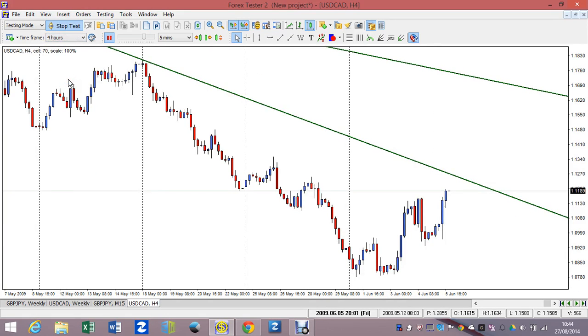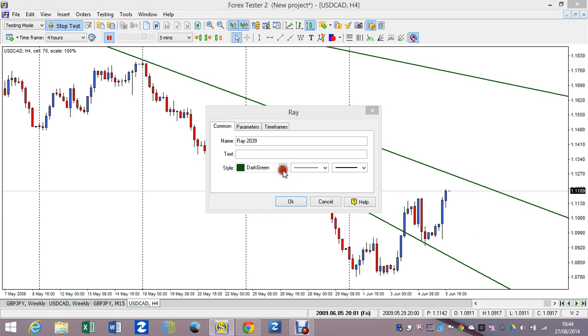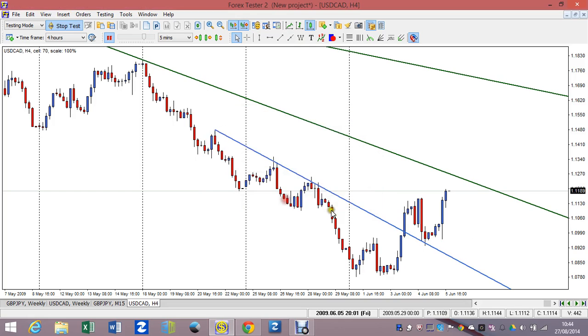Anything on the 4 hour that we can see? A break and retest of this 4 hour line. So we broke it here and retested and we're rallying.